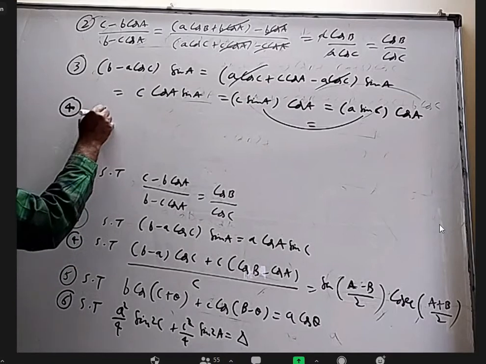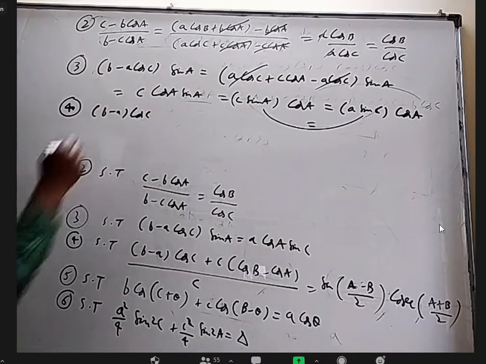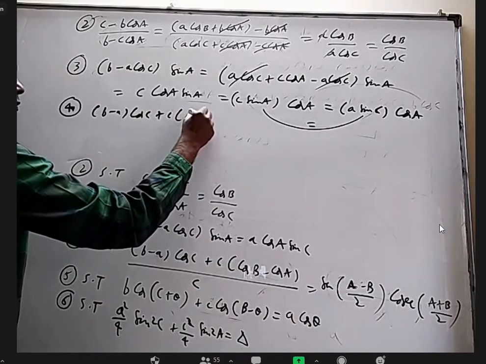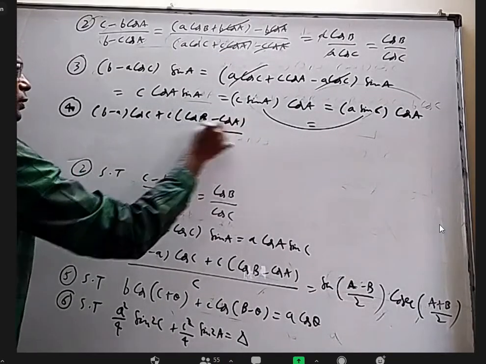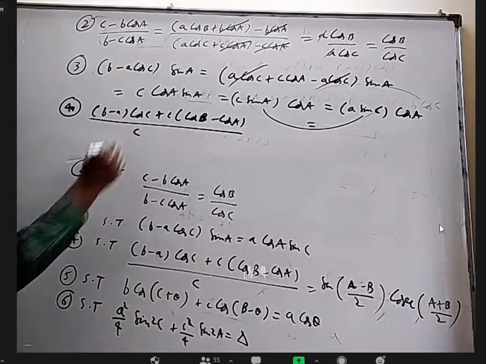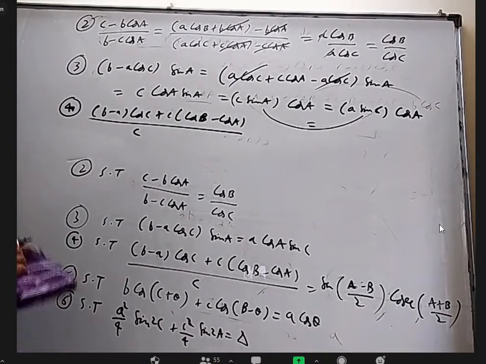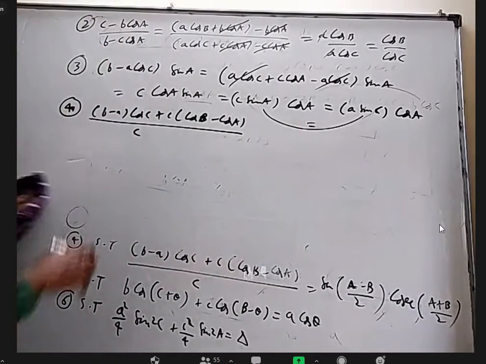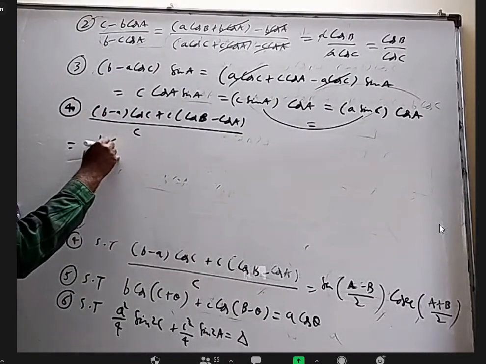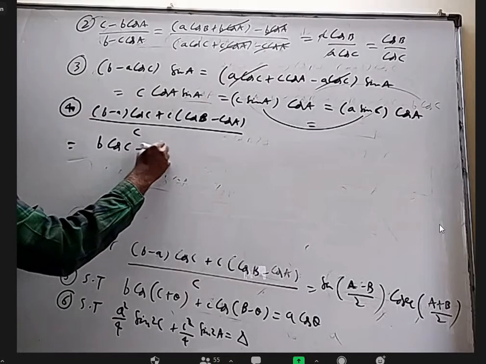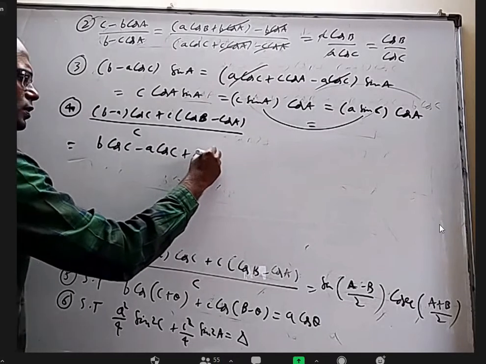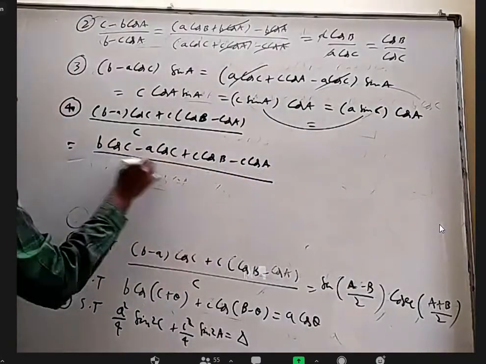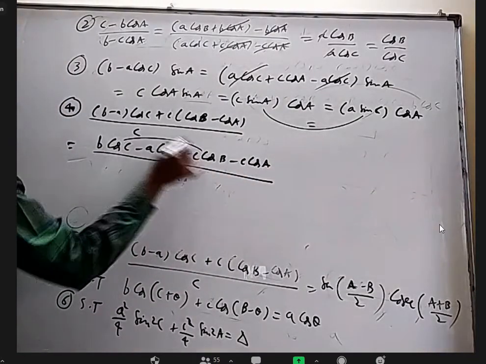Fourth one: (B minus A cos C plus C) into (cos B minus cos A) by C. Just expand this, I'll get B cos C minus A cos C, C cos B minus C cos A by C. B cos C and C cos B I can combine.